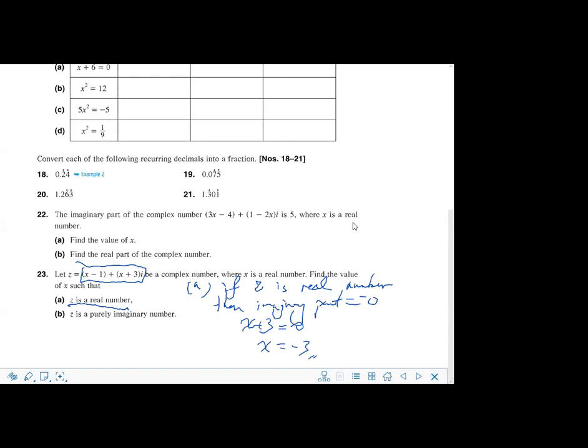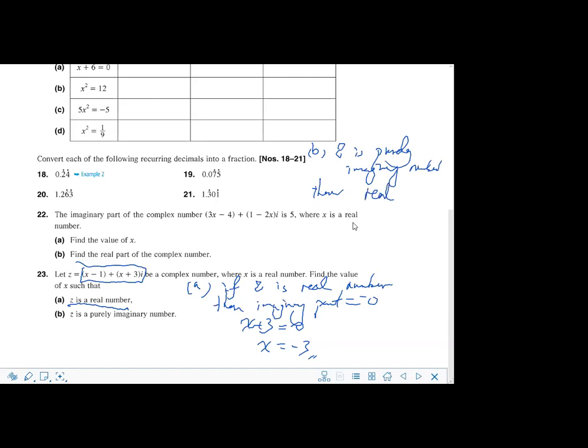Okay, and then in part B, we have a different condition, a different requirement from the question. Now, in part B, the question requires that Z is a purely imaginary number, which means that if it is purely imaginary, then the real part of this complex number should be equal to 0.